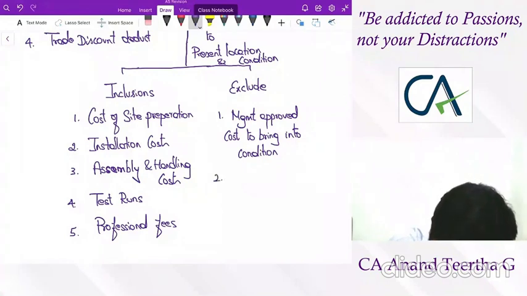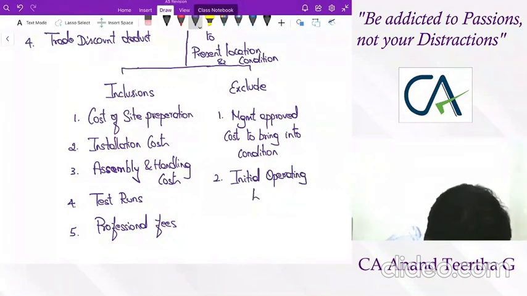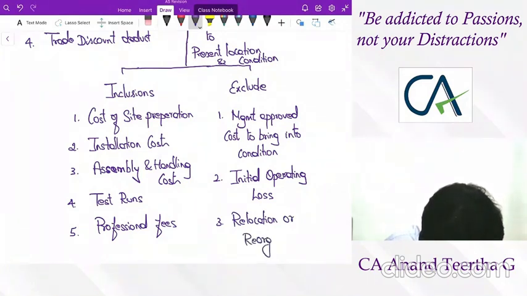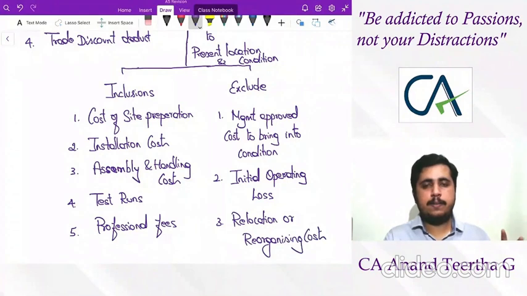Second one, if there are any initial operating losses. Third, if there are any relocation or reorganizing costs. Say the building is having a major structural change.